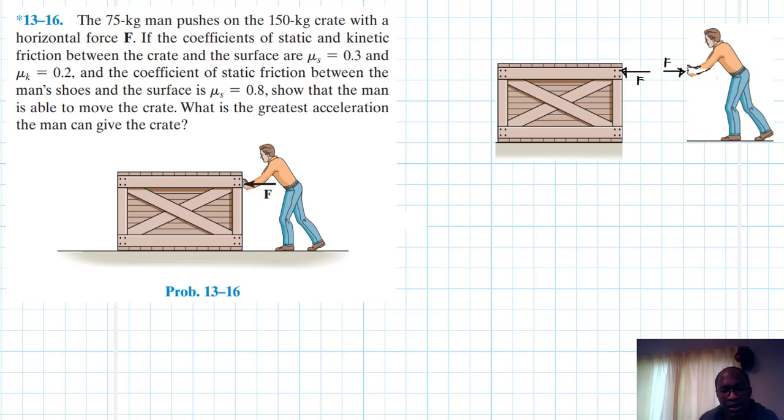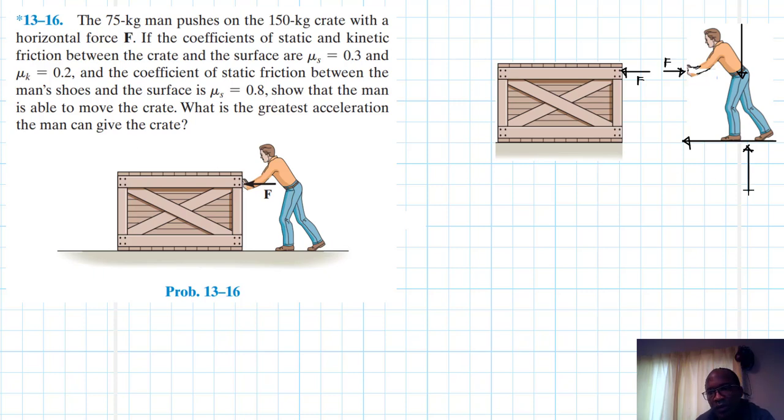Then this man is going to experience friction opposing this force, so we'll have friction from all the contacting surfaces, and then we are going to have a normal force like so, and then we'll have the weight of the man acting through the center of gravity.